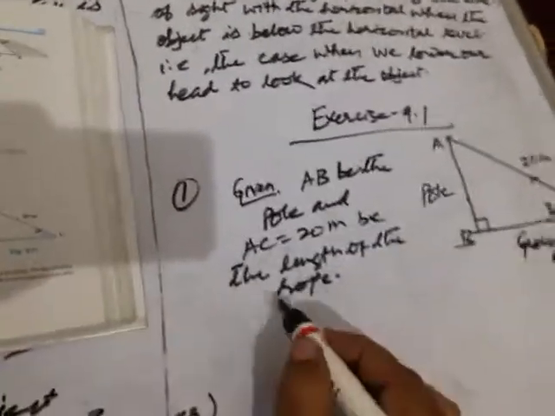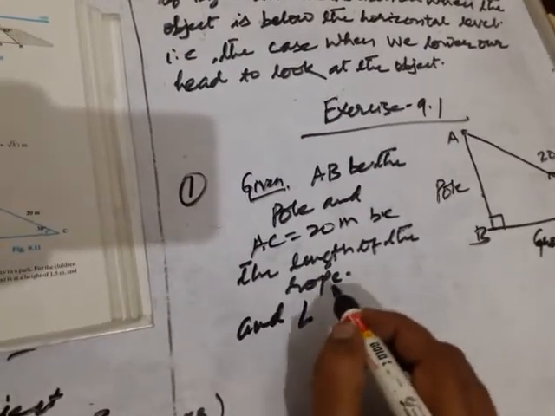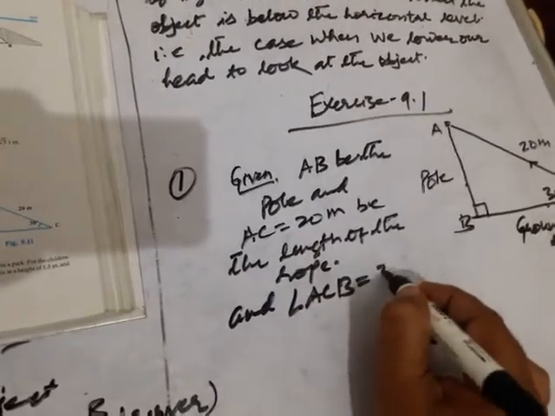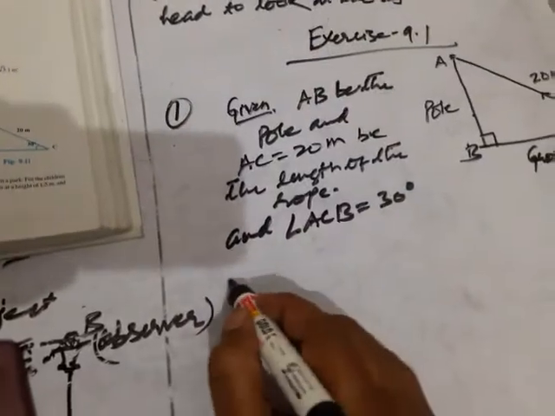Angle ACB equal to 30 degree. This is given. Okay children, now what to find?